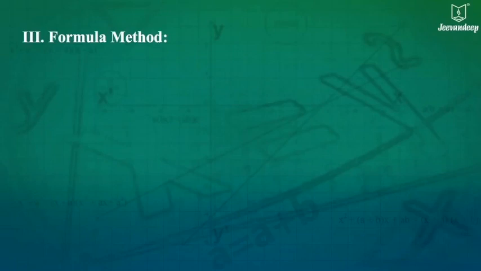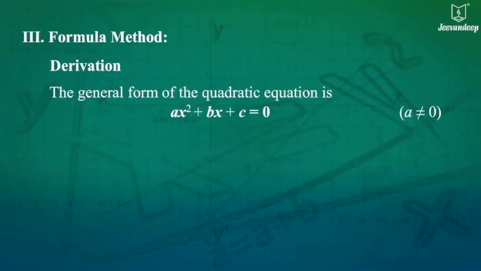3. Formula method. Derivation. The general form of the quadratic equation is ax square plus bx plus c equals to 0, where a does not equal to 0.